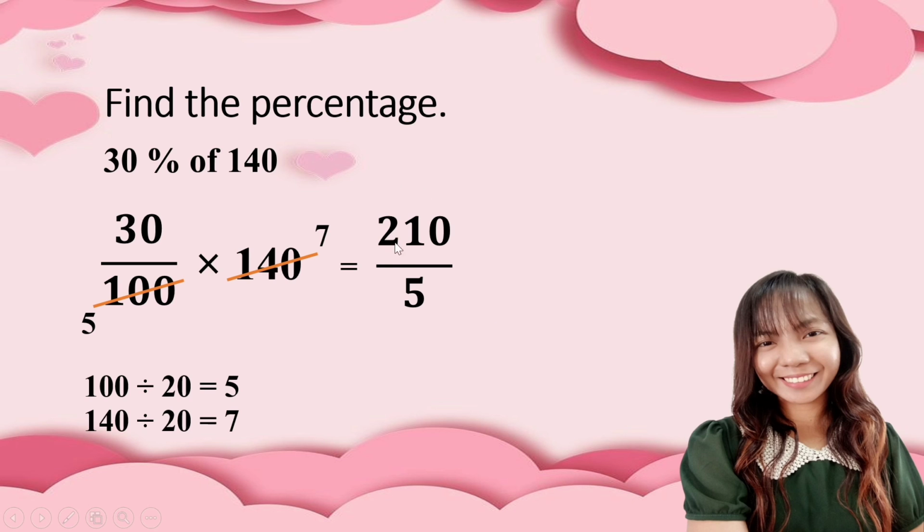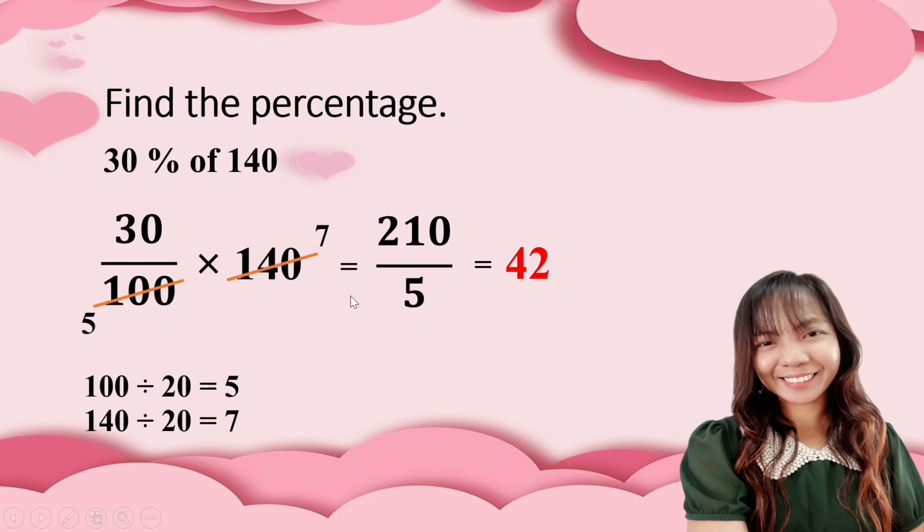And then, if this can simplify, you have to simplify the answer when necessary. So 210 over 5, it's like 210 divided by 5. So the lowest or the simplest form of the answer is 42. 210 divided by 5 equals 42.